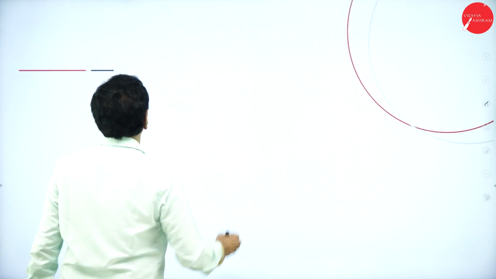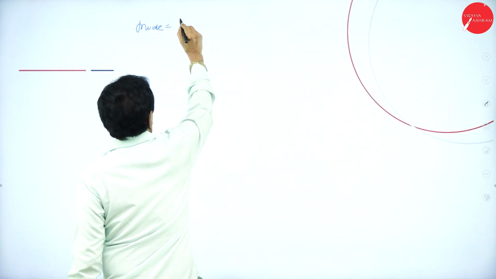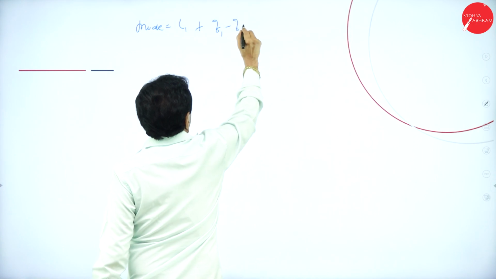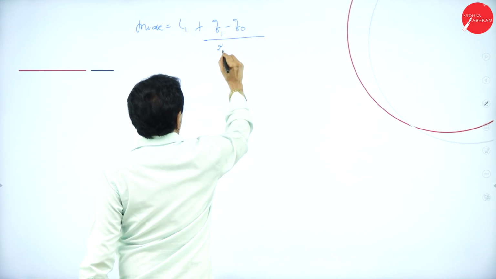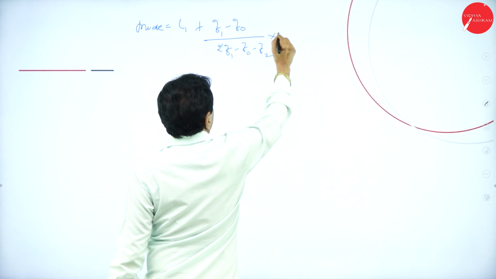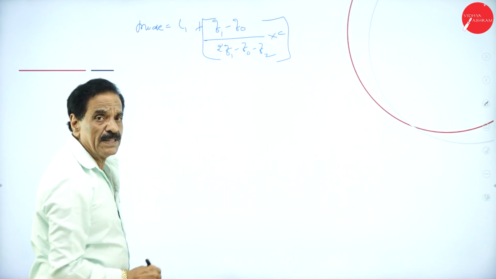We'll apply the formula. Mode is equal to L1 plus F1 minus F0 divided by 2F1 minus F0 minus F2 into C. Mode lies in the highest frequency.